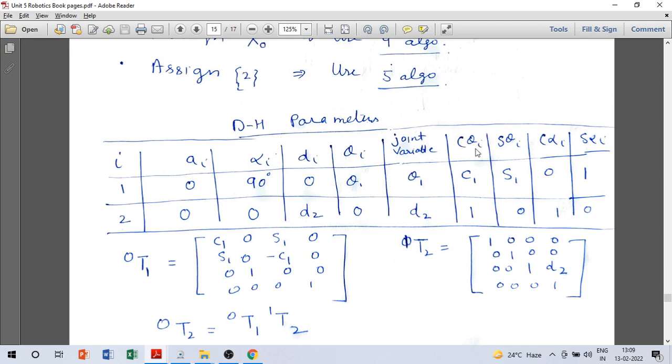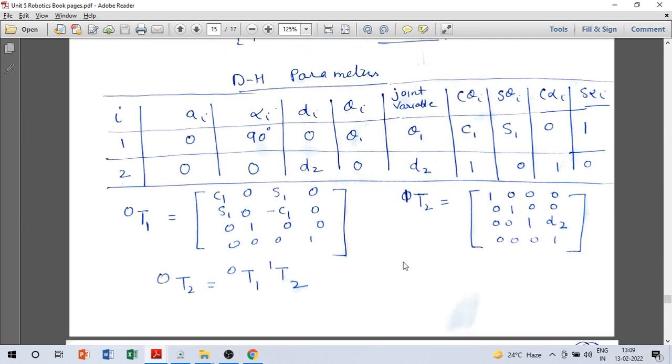Then there are additional columns here. Once we have the entry for theta i, we can write cos theta i, sin theta i, cos alpha i, sin alpha i. We can fill those values here, and once it has been done, we can write the transformation matrices 0T1 and 1T2. 0T1 will be based on a1, alpha 1, d1 and theta 1, and 1T2 will be based on a2, alpha 2, d2, theta 2.